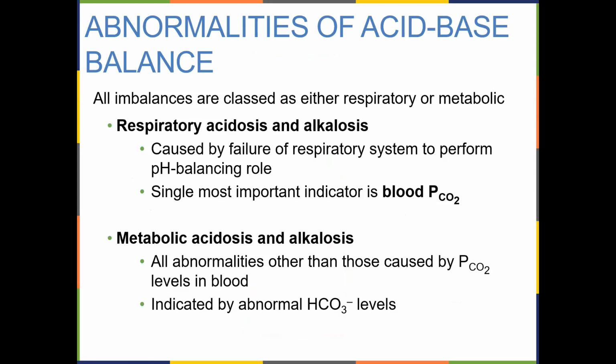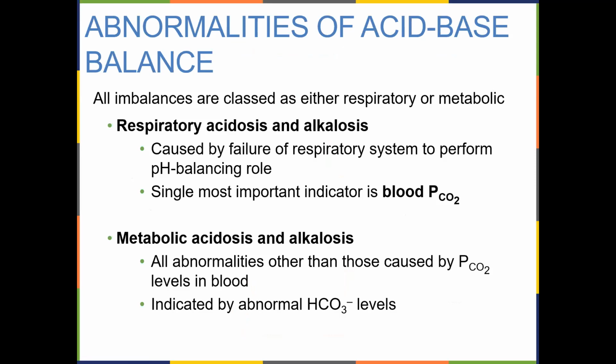Okay, now the key problems: respiratory acidosis and respiratory alkalosis. The respiratory system isn't functioning properly. So you have a failure of the respiratory system to maintain pH. This is respiratory acidosis or respiratory alkalosis. It's all driven by carbon dioxide.